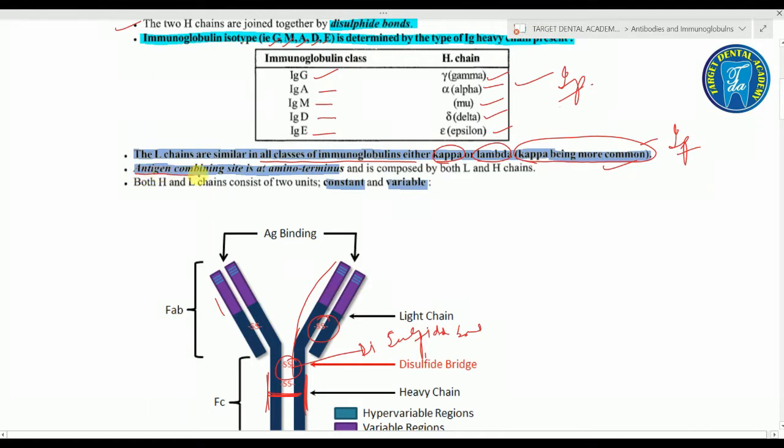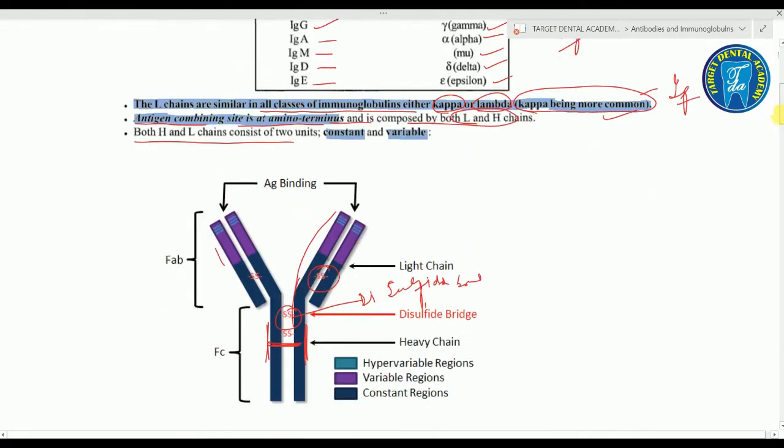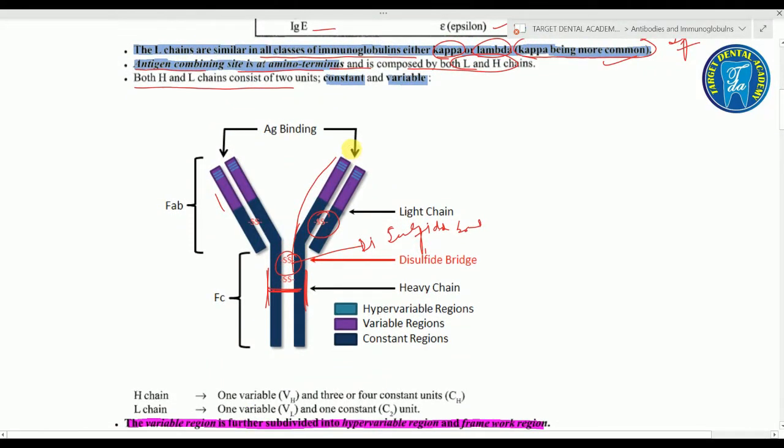So the antigen combining site is at the amino terminus and it is composed of both the light chain and the heavy chain. Both the light and the heavy chain consist of two units, the constant and the variable. This is the variable region and this is the constant region. Both the light chain and the heavy chain contain the variable region as well as the constant region.